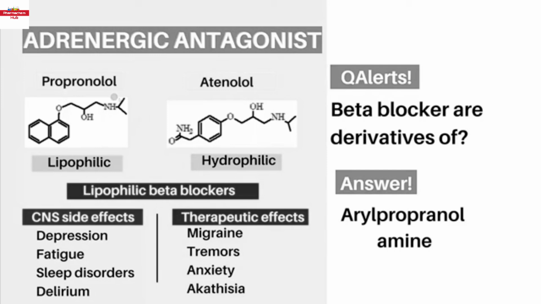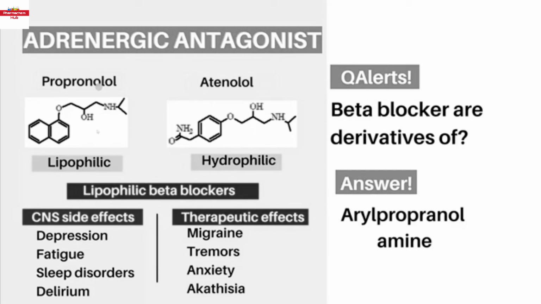For example, propranolol is a non-selective beta blocker, which means it acts on both beta 1 and beta 2 receptors, whereas atenolol is a cardioselective beta blocker, which mainly acts on beta 1 receptors only.